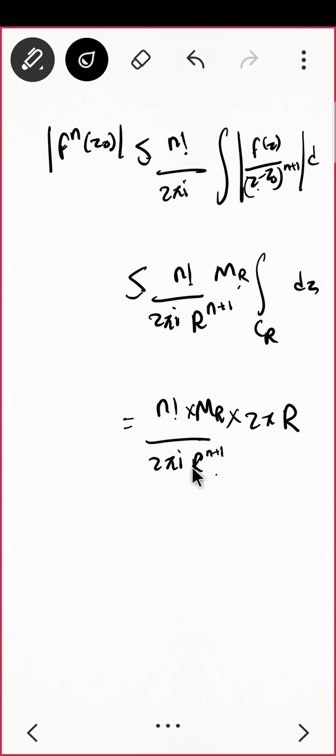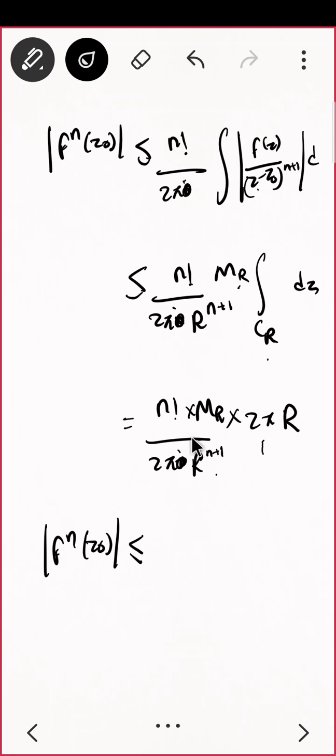I'm missing something. Yeah, taking the mod, I will also get punished. I'm sorry, actually when I take the mod, i will not come at all in the first place. So the nth derivative of f at z naught, mod will be less than or equal to, because if i is included, that means it is a complex number.